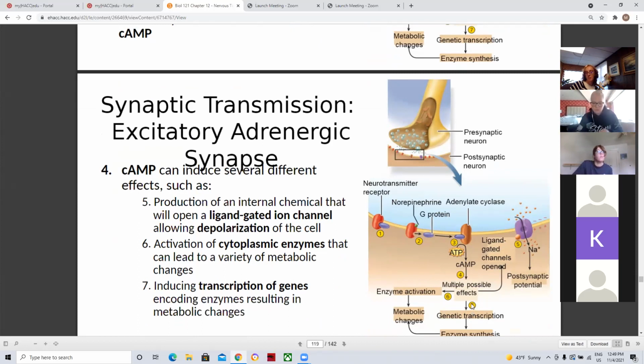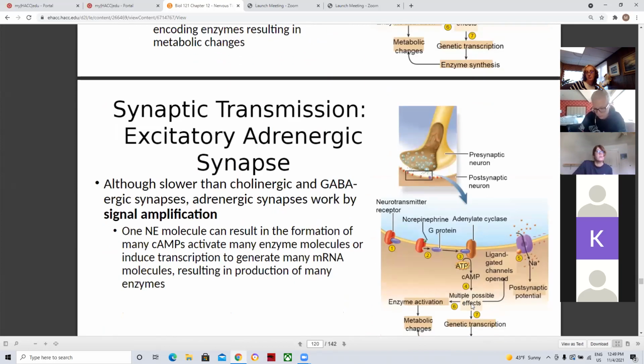Although this excitatory adrenergic, you can see there's a lot more steps here. Even though this excitatory adrenergic receptor works a little slower because there's more steps involved, it works by signal amplification.